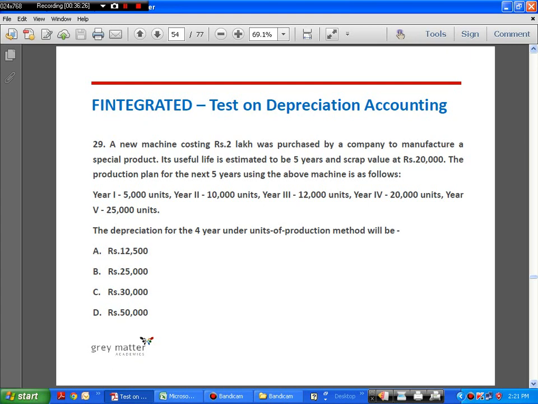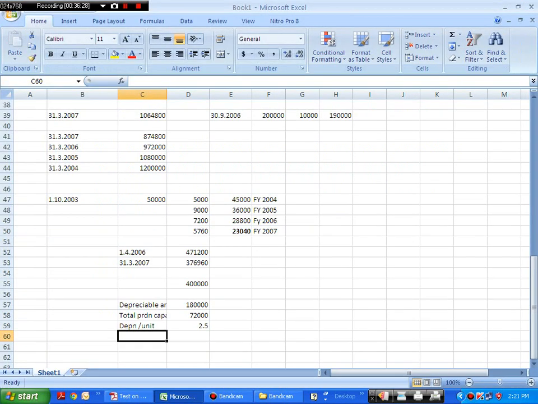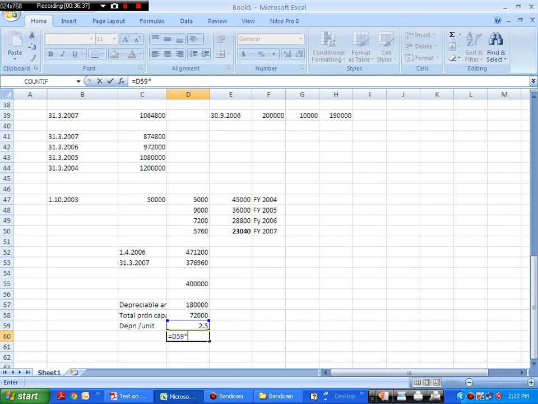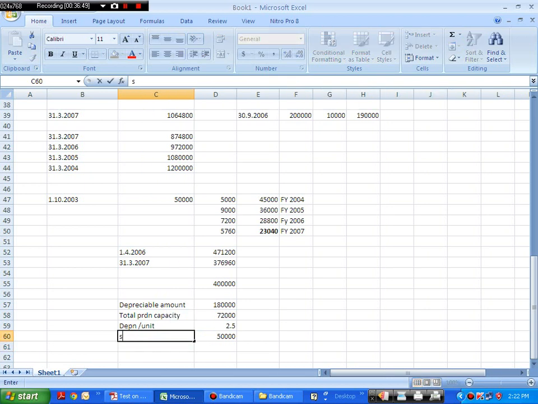Fourth year output is 20,000 units, and so depreciation will be 2.5 into 20,000 units, which is rupees 50,000. Depreciation for the fourth year is 50,000 rupees.